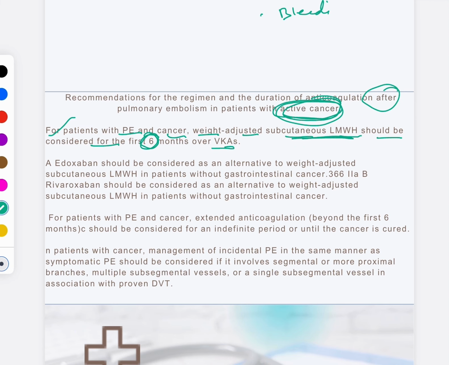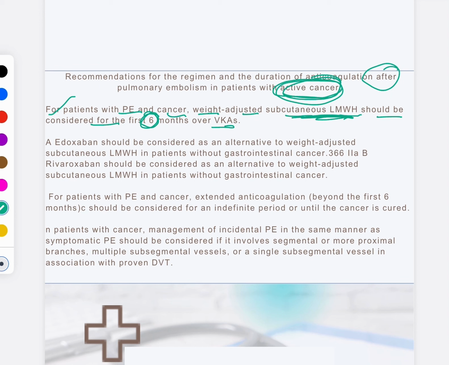So you have to start with subcutaneous low molecular weight heparin at least for the first 6 months. Edoxaban should be considered as an alternative to weight-adjusted subcutaneous low molecular weight heparin in patients without GI cancers, or rivaroxaban should be considered. So if there is no GI cancer, you can use either edoxaban or rivaroxaban.